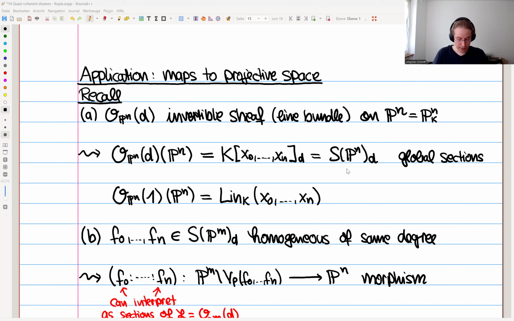And in particular, if we take d equals 1, then we just get the homogeneous linear elements here. So in other words, just the linear span of x0 up to xn.